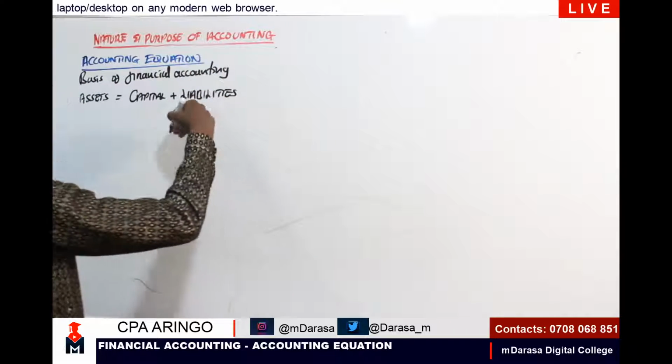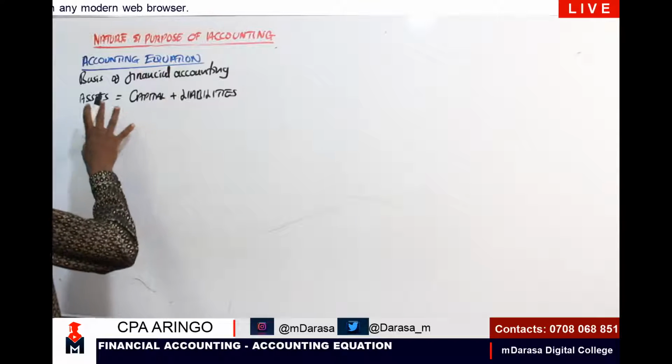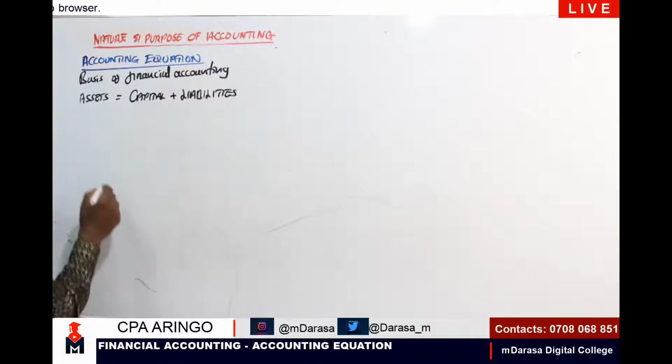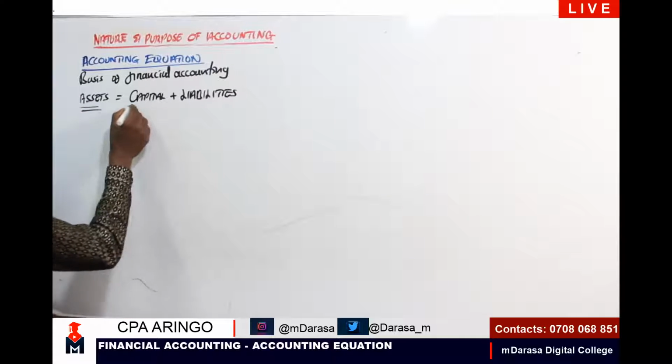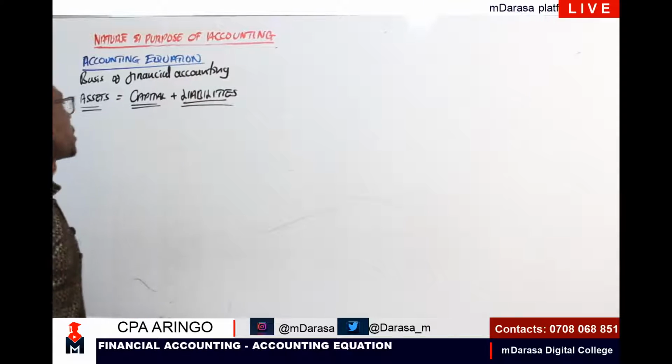You can also term it as the bookkeeping equation. This is one of the main bases of financial accounting, for us to understand that our assets will always be equal to capital plus liabilities. This is what will be represented in our statement of financial position.